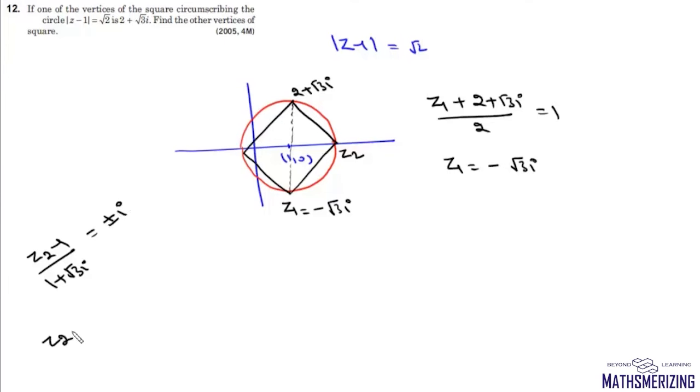So we can write z2 minus 1 will be plus minus iota and then minus plus root 3. So the other two vertices will be 1 minus plus root 3 and plus or minus iota. So this is how we can write all the 4 vertices of this square.